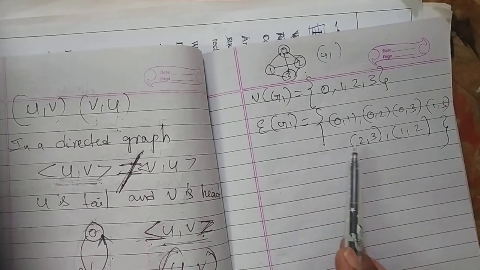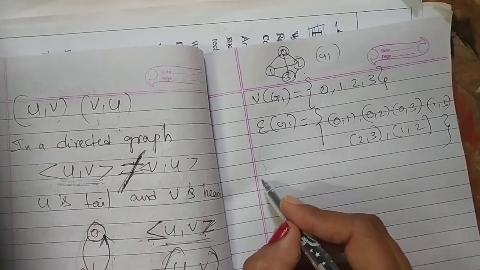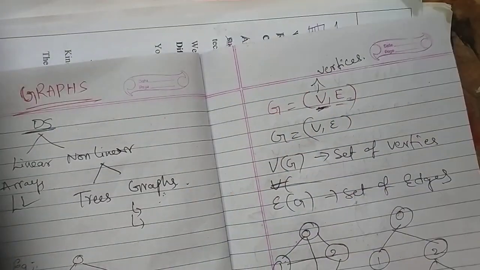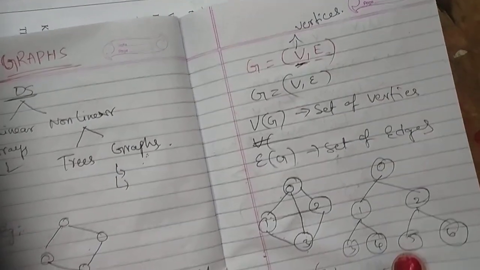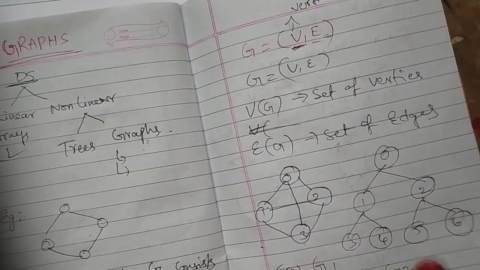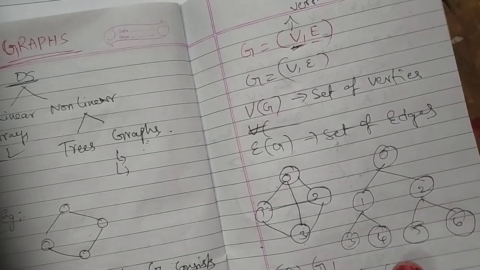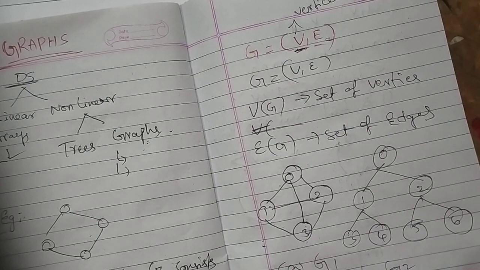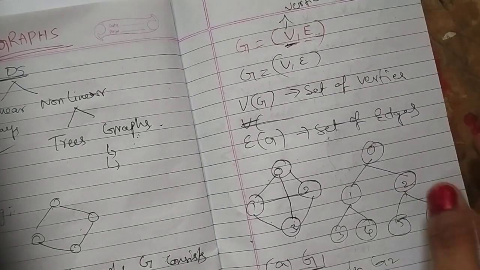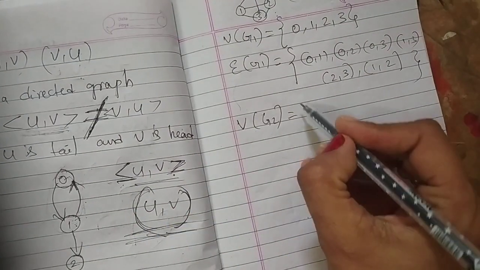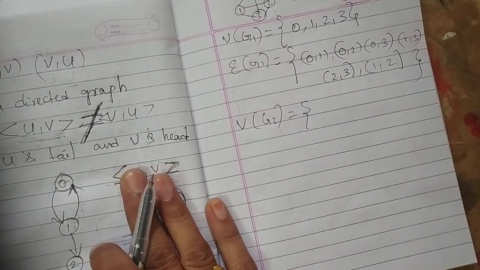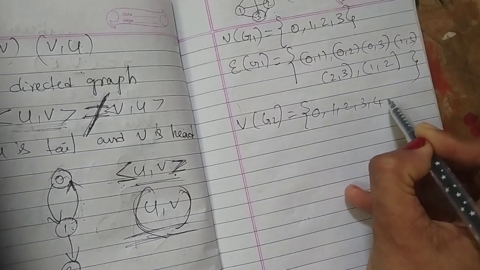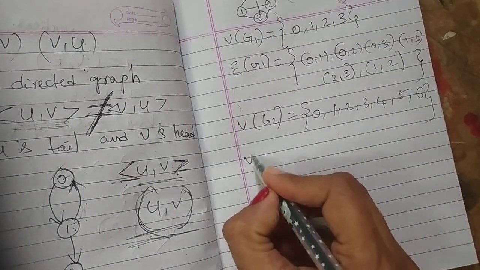This is undirected. And for V of G2, which means for graph G2, this one, for this graph I am writing vertices and edges. V of G2 means, simply, what are the vertices here? 0, 1, 2, 3, 4, 5, 6. Using flower brackets we represent the vertices. And what are the edges here?